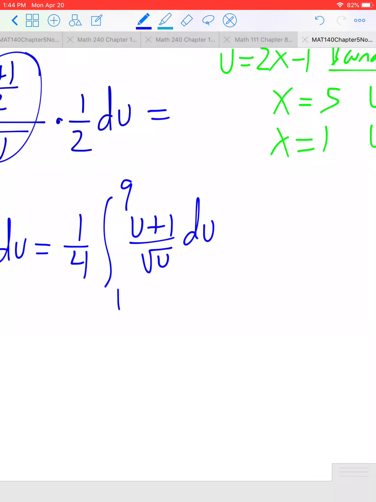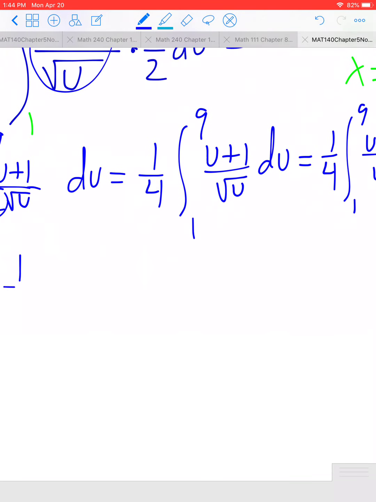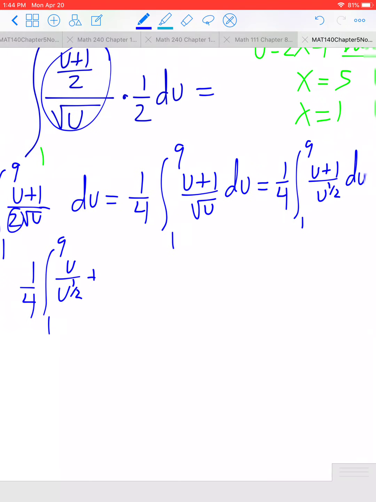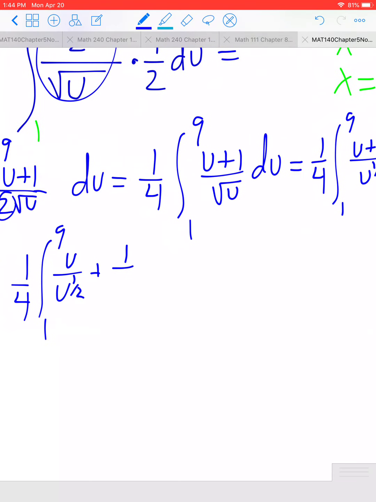The way to proceed from here is we can actually split apart the numerator. Usually whenever we're going to apply any future calculus rules with a square root, we always want to rewrite it as a fractional power. We know that that's the same thing as u to the 1/2. So we have 1/4 times the definite integral from 1 to 9. We can split it apart as u over u to the 1/2 plus 1 over u to the 1/2 du.